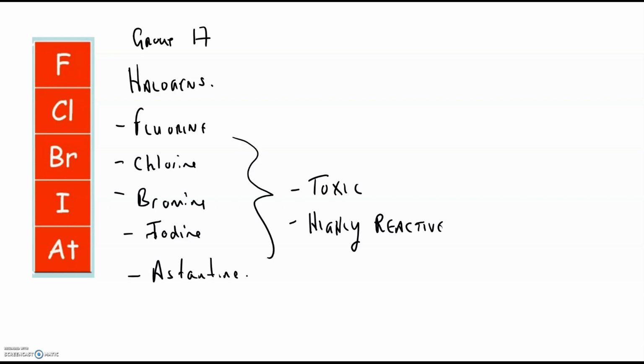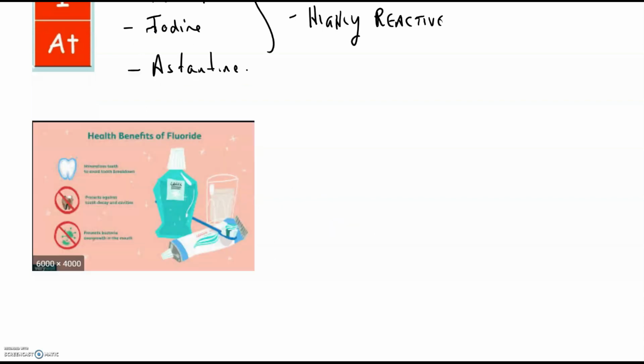Well, you've used at least 3 of these before somewhere in your lives. For example, you've used fluoride if you've ever gone to the dentist or brushed your teeth or used mouthwash or even had tap water, because in the state of Illinois and in the city of Chicago, we add fluoride to our tap water.